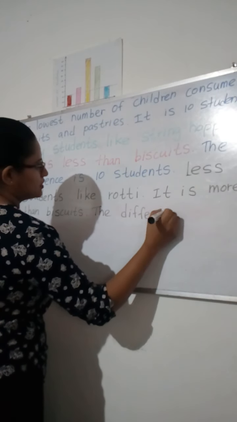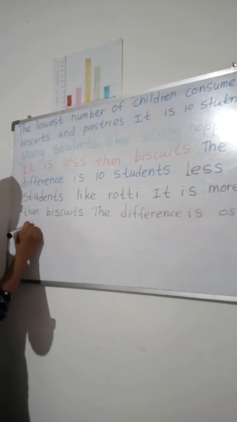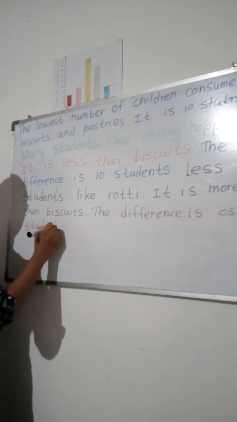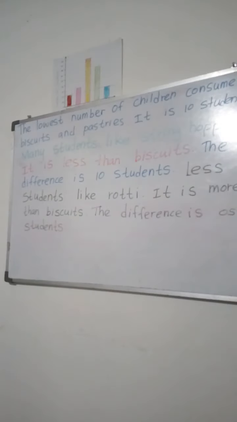The difference is 5 students. Okay. Look at it again. Less students like roti. It is more than biscuits. The difference is 5 students. We mention about the roti and we compare roti and biscuits. And we need to write down the number also.